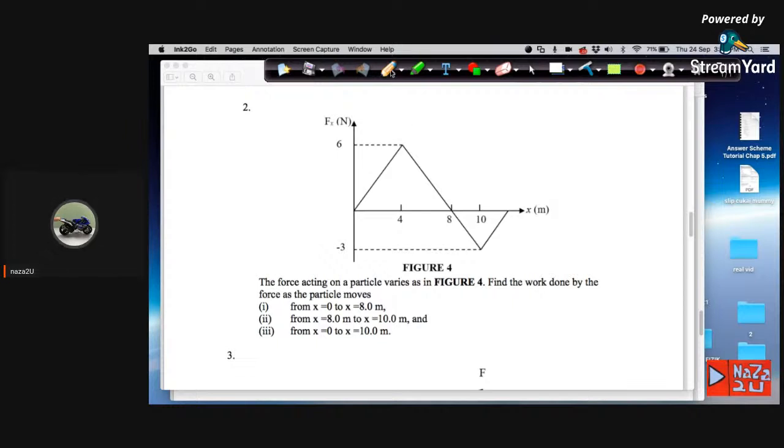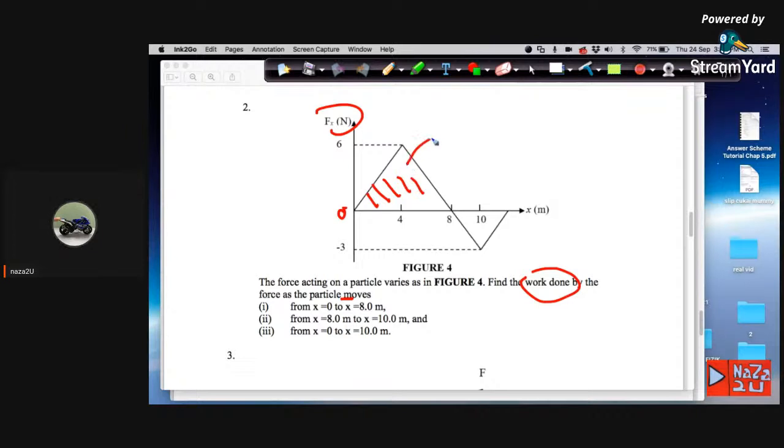Force acting on particle in figure 4, find the work done by the force as the particle move. So from 0 to 8. From 0 to 8. So what is the work done? So if you have graph force versus distance x, the work done is the area under the graph.